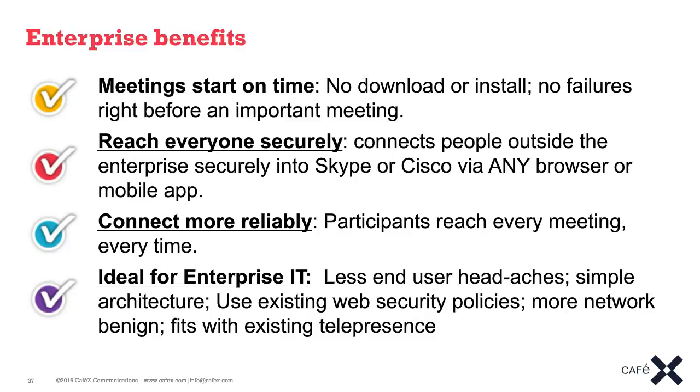The other thing is that Chime connects more reliably. You can reach every meeting participant every time. And we do that a couple of ways. One, by broad browser support to make sure that participants can be reached, right? So they can use any browser they need, but also every time. That means we can bury through firewalls, and we don't have a lot of the network address translation issues that were highlighted with WebRTC. We actually use different transport in conjunction with WebRTC technologies to make all that happen.